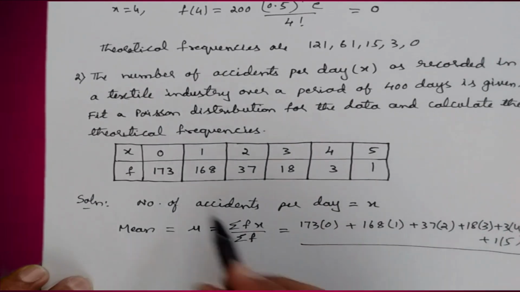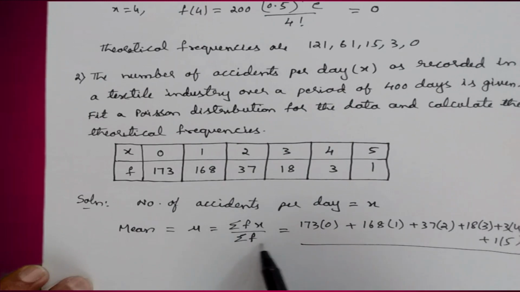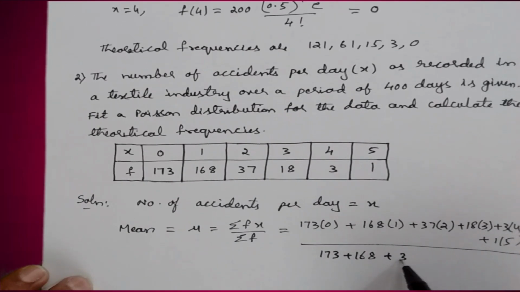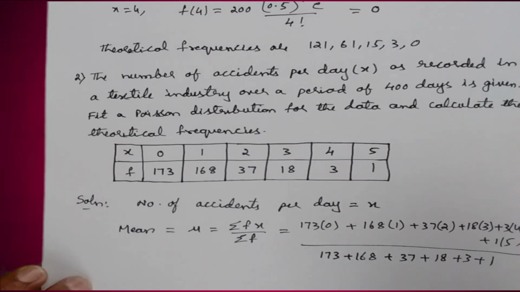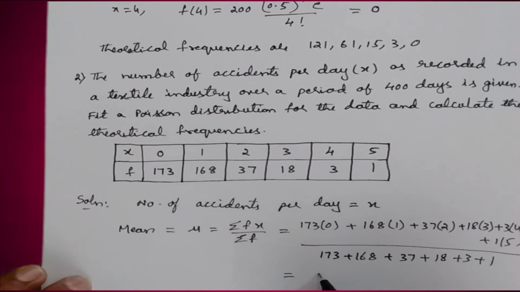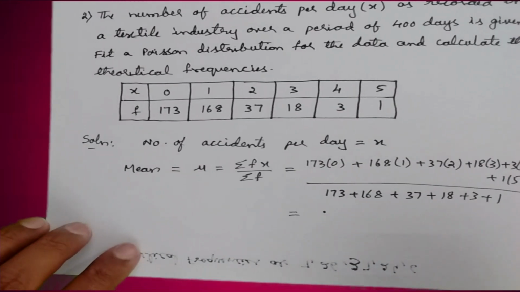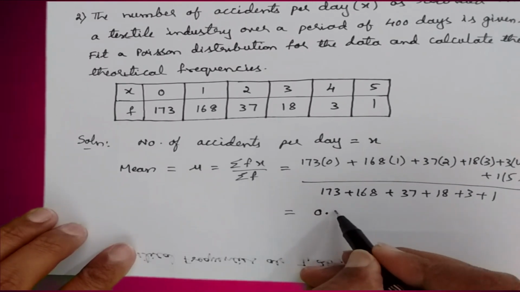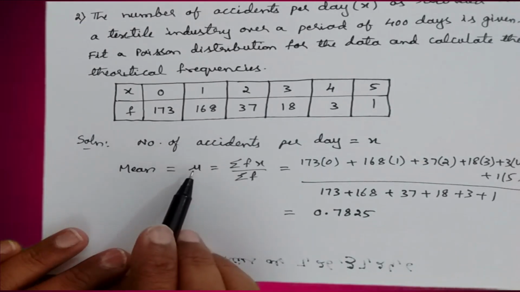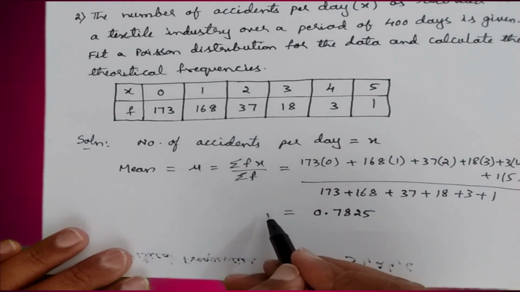We just multiplied f into x divided by summation of f. So you have to add the f values, that is 173 plus 168 plus 37 plus 18 plus 3 plus 1. You can just evaluate this value and see, are you getting the value to be 0.7825?